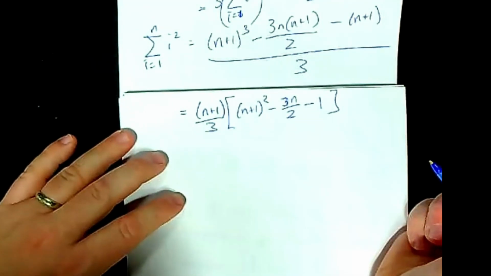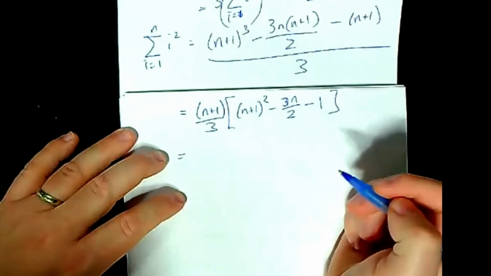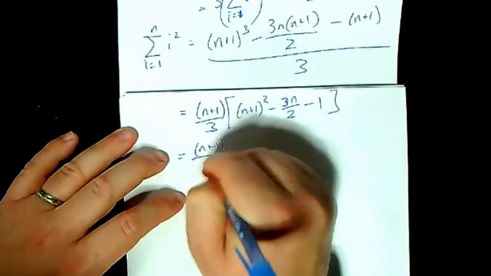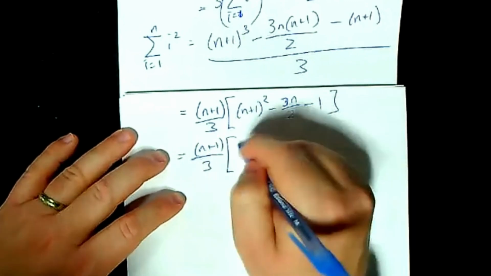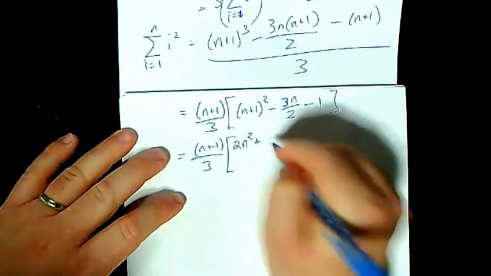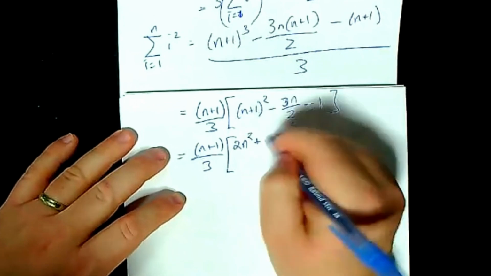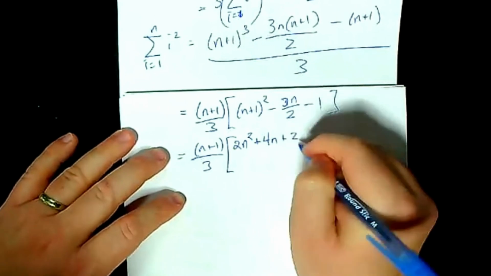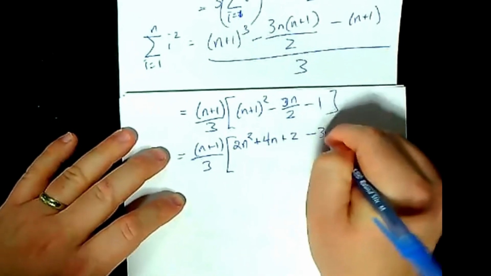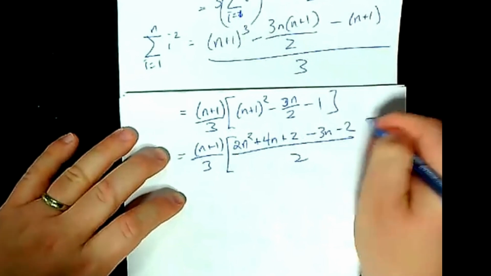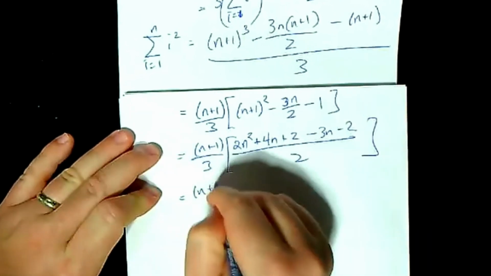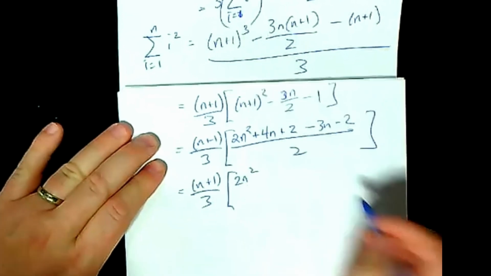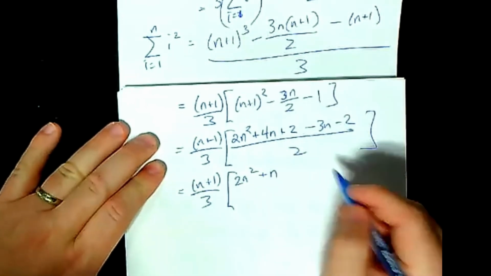I can't really see a nice way to simplify that other than just multiply it out. So let's do it. I'll get a common denominator there: 2n squared plus 4n plus 2 minus 3n minus 2, all over 2. And combine like terms, we get 2n squared plus n, and that's it.